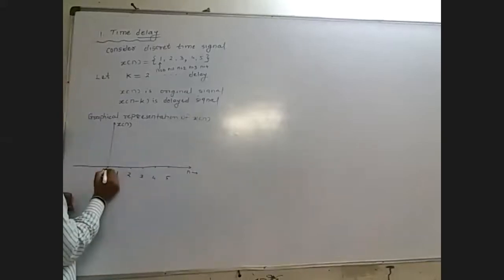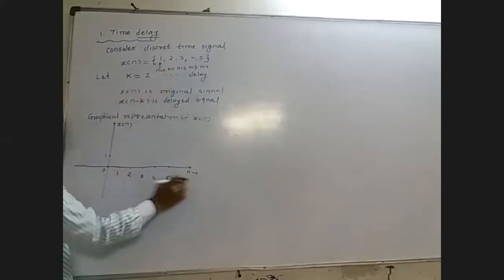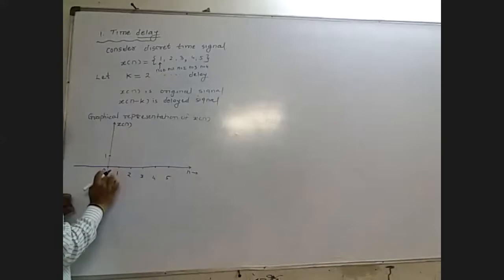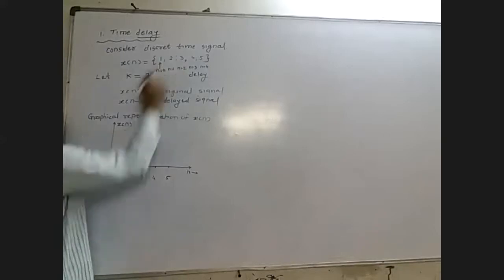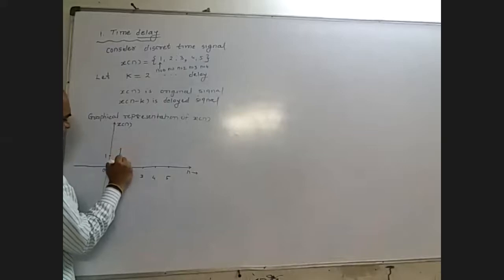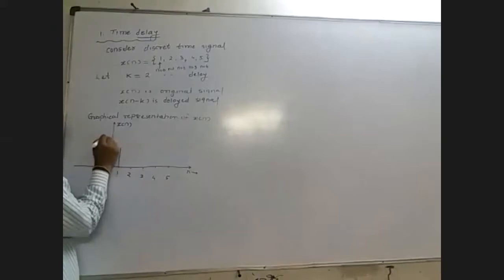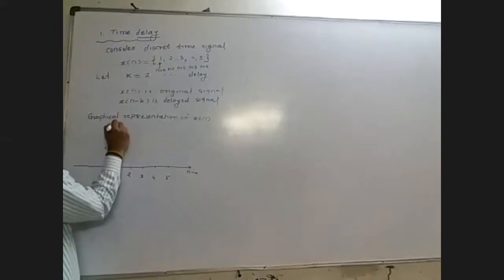Now for n equal to 0, its amplitude, that is x of n, is 1. Similarly, at 1, its amplitude is 2, so I mark it at 2. I consider here 2, here 3, here 4, and lastly I write x of n, it is 5.